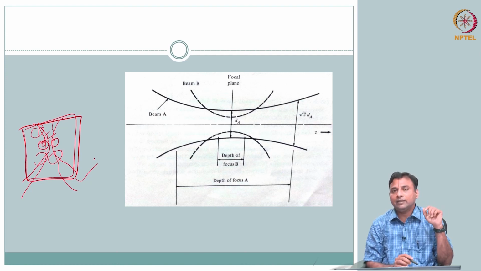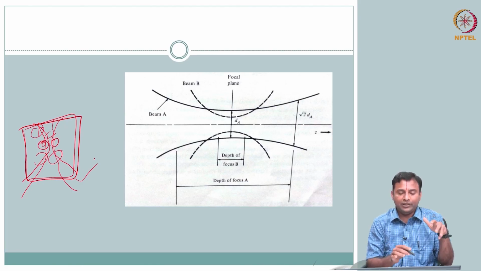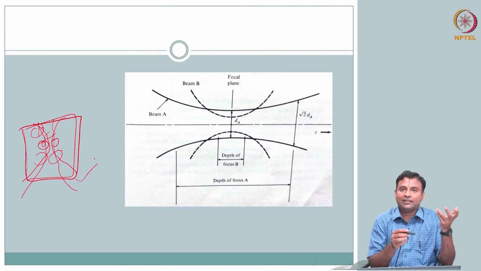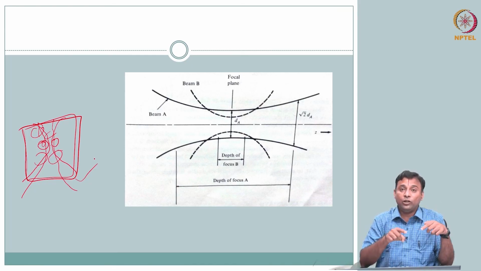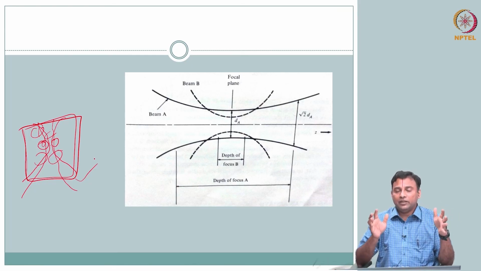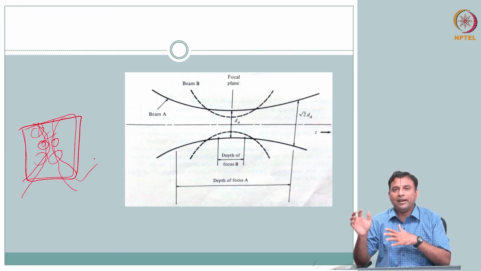Image quality in this module we have actually combined, because lateral resolution and axial resolution we are already covering, and we also talked about side lobe and main lobe. So we will not explicitly have image quality of ultrasound separately.